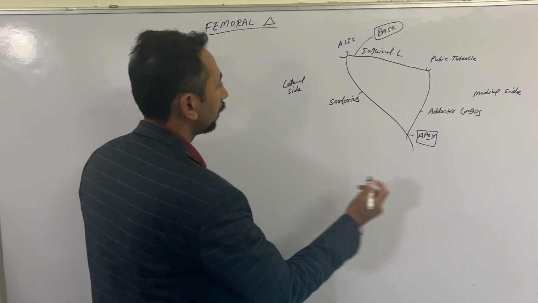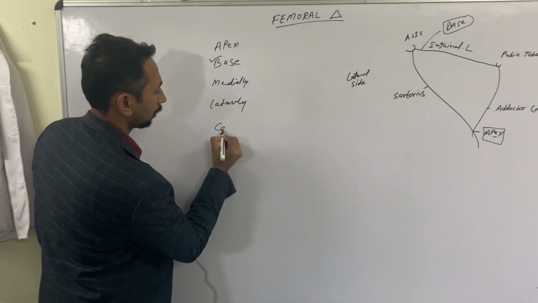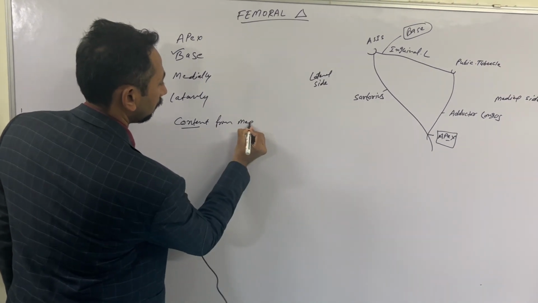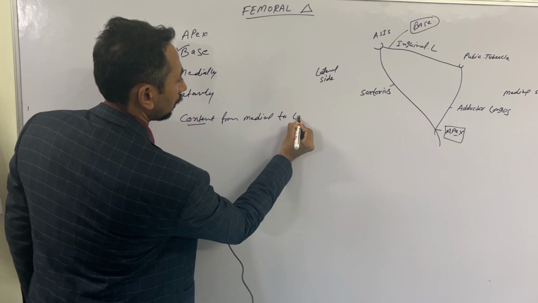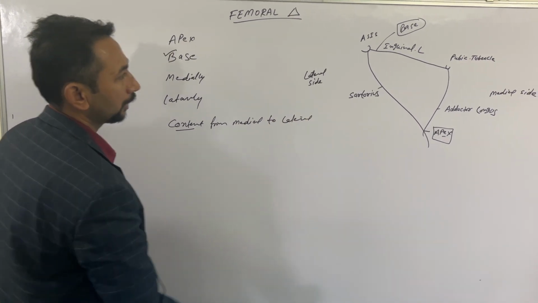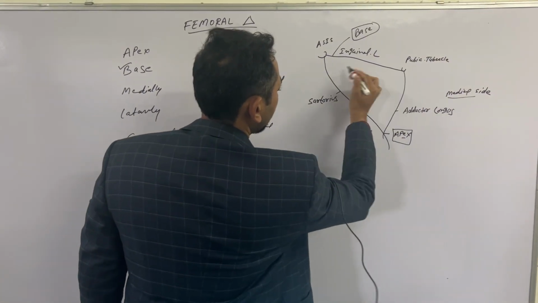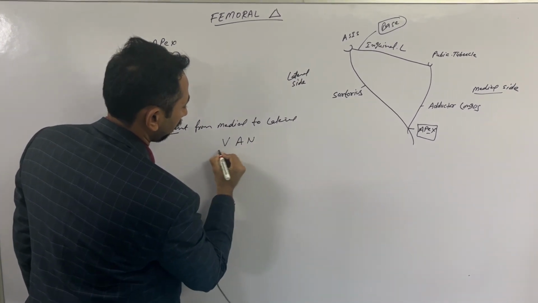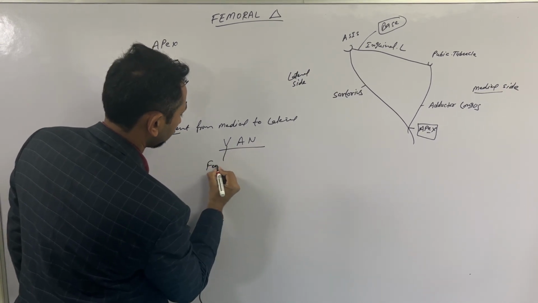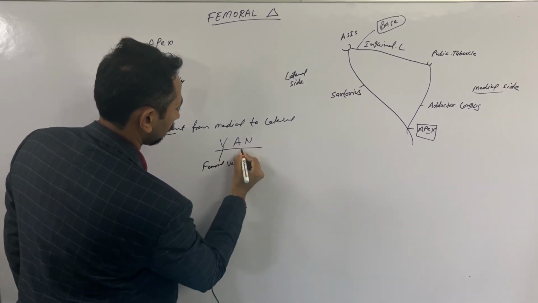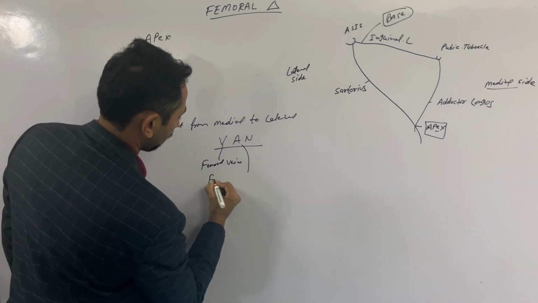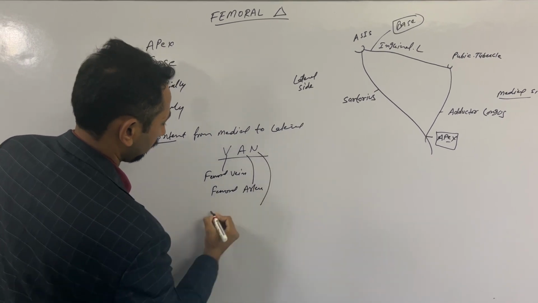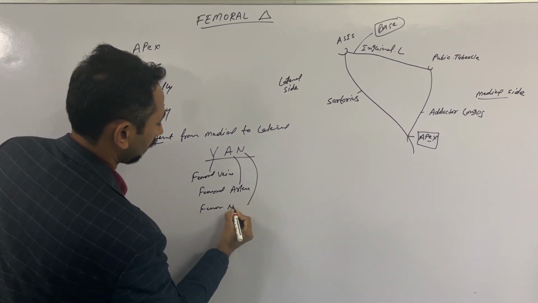So if we talk about the content, from medial to lateral, if this is the medial side, there is the vein, the femoral vein, the femoral artery, and the femoral nerve.